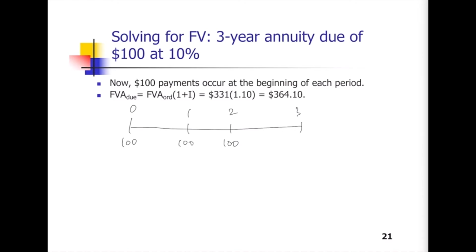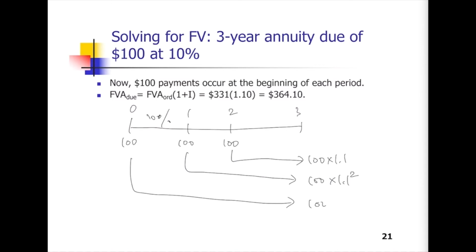So now we want to calculate future value. So compound this payment with compounding interest, right? Yeah, and the sum of this is the future value of annuity due.